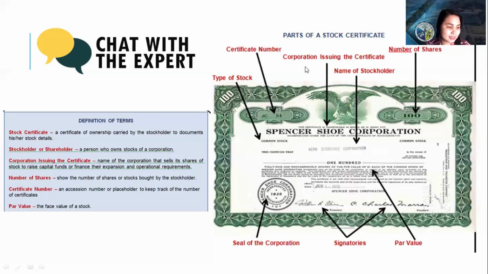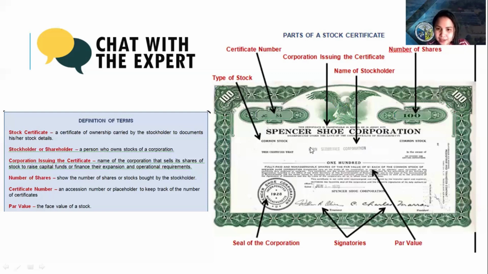The next is the Spencer Shoe Corporation. This is the corporation issuing the certificate. So for example, if you buy stocks from Jollibee Corporation, then you will see here Jollibee Corporation or Robinson's Corporation or Ayala Land. It depends on where you want to invest your money.